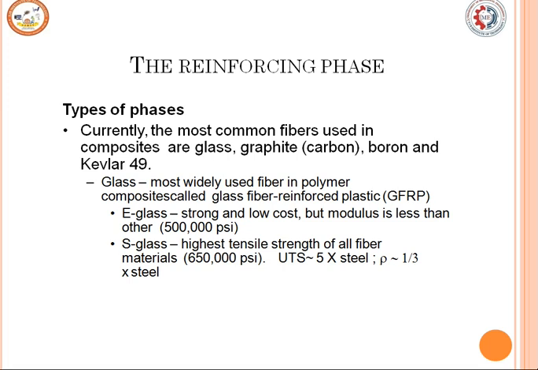For reinforcement, there are different reinforcing materials like glass, carbon, boron, Kevlar. If you take glass, it is most widely used in polymers. So GFRP, that is glass fiber reinforced plastic. E-glass and S-glass are different types of glass materials from which you can make a selection.